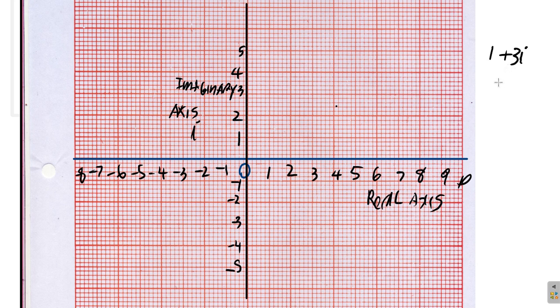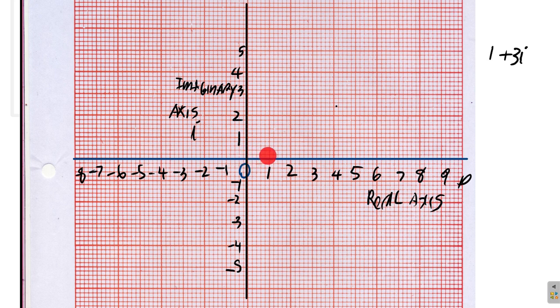Right? So we want to represent that on the number line. In this case, our number line turns out to be a graph with x and y axes, where the x axis is our real axis and the y axis is our imaginary axis. Now in this case, what we do is locate from 0, we locate 1.